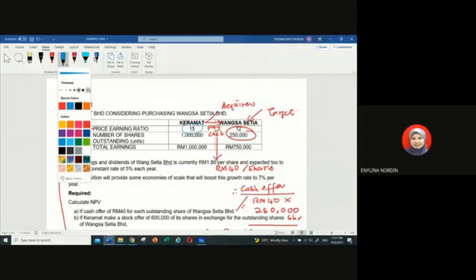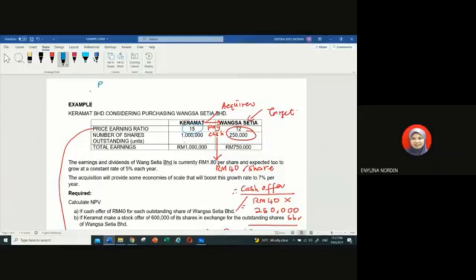Earning per share needs to be calculated. The PE ratio is already given as 15. So how to calculate the PE ratio? Price per share for Keramat divided by earning per share, and then you get 15.